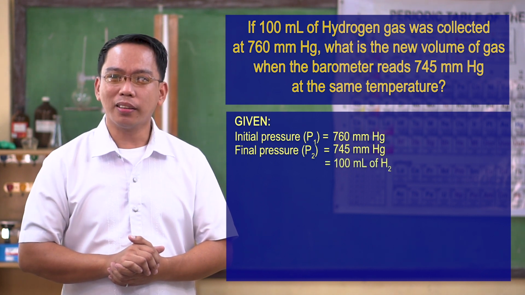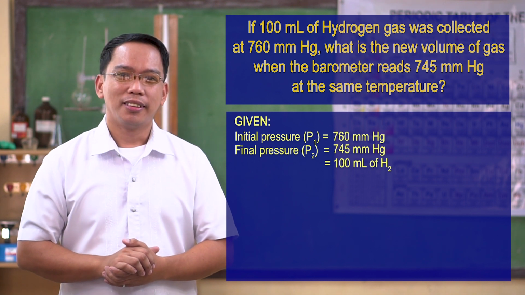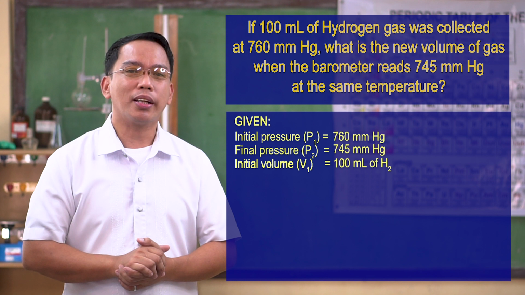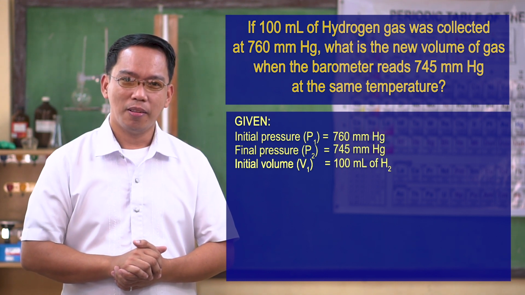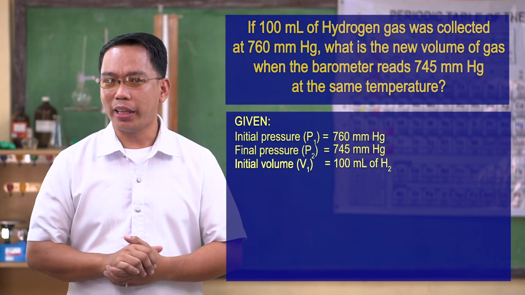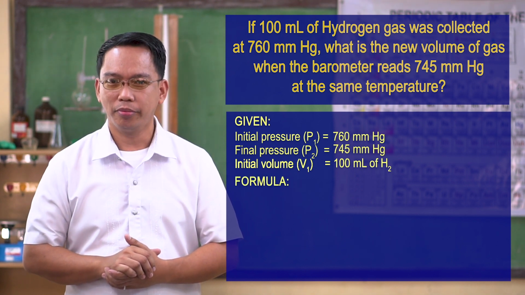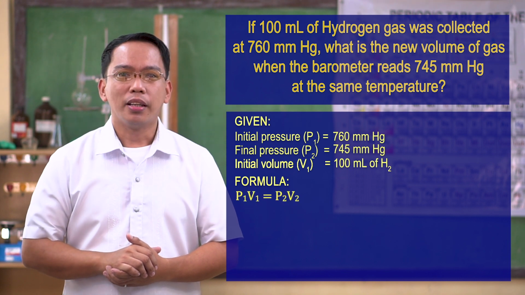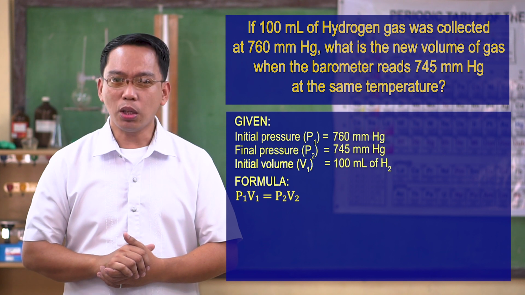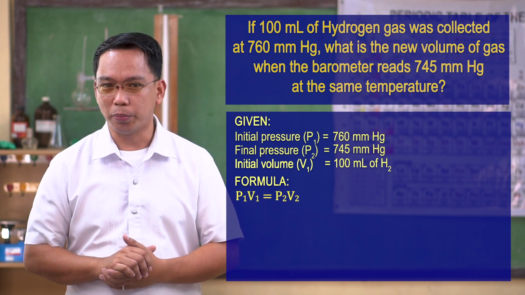What does the 100 ml of hydrogen gas represent? Right! It represents the initial volume of the gas. Using the given data, let us now solve the final volume of the hydrogen gas in the sample. From our formula, the product of initial pressure and initial volume is equal to the product of final pressure and final volume.